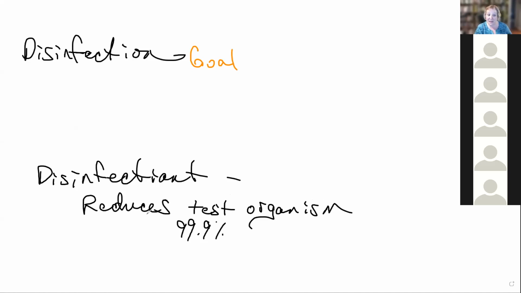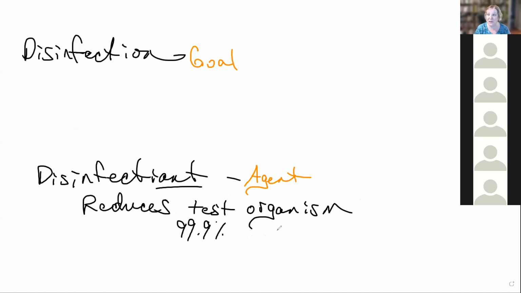And that's to be the marketed agent, right? So the disinfectant would be the agent. Right. So that is the agent. And so it reduces the test organism by 99.9%.